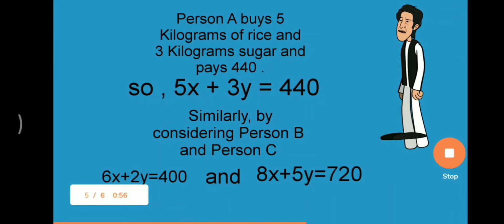We know that person A buys 5 kilograms of rice and 3 kilograms of sugar and pays 440, so we have the equation 5x plus 3y is equal to 440. Similarly, by considering persons B and C, we have 6x plus 2y is equal to 400 and 8x plus 5y is equal to 720.